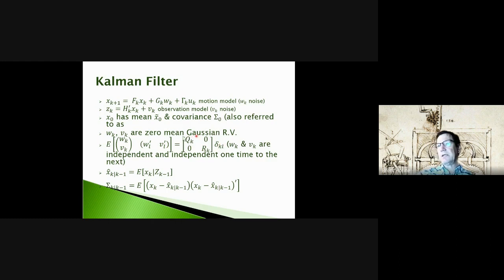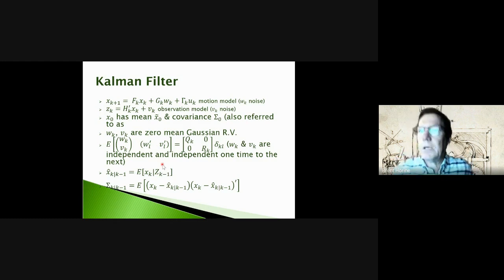So this is saying that there's autocorrelation, but not really cross-correlation. So again, in words, this W_k and V_k are independent of each other and independent one time to the next, right? With even like W_k is independent from W_l and V_k is independent from V_l, right?